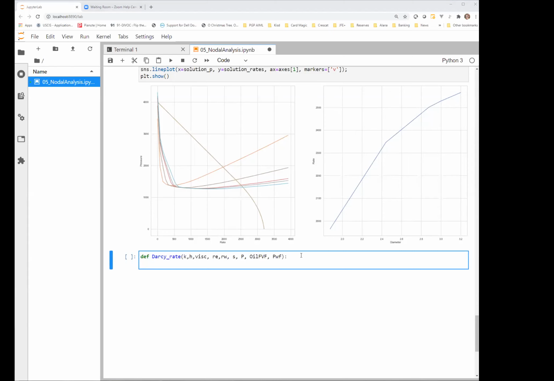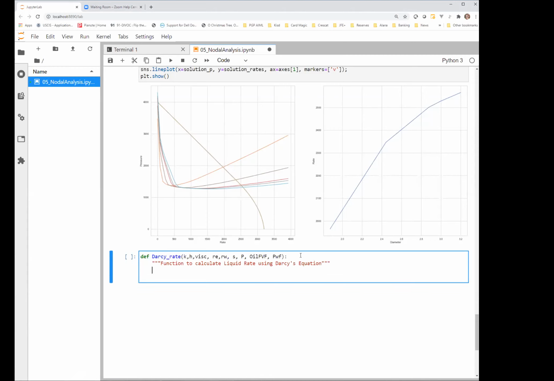I think it's written in many places. So we have in this function to calculate liquid rate using Darcy's equation, nothing else. And the function is like this.